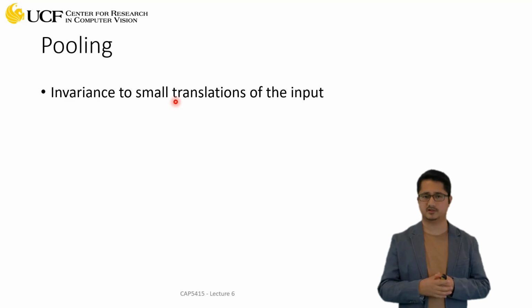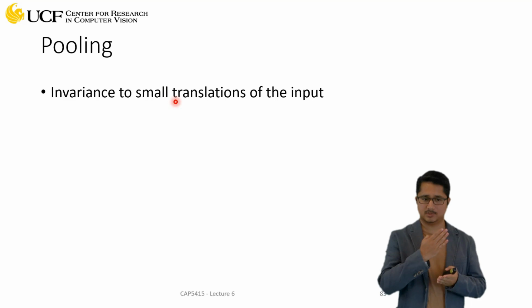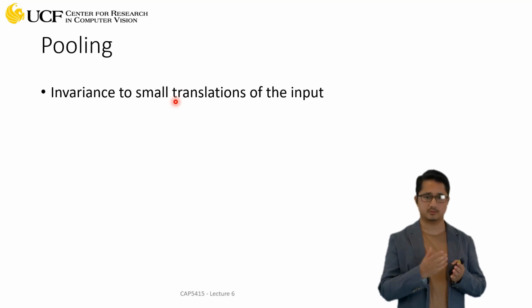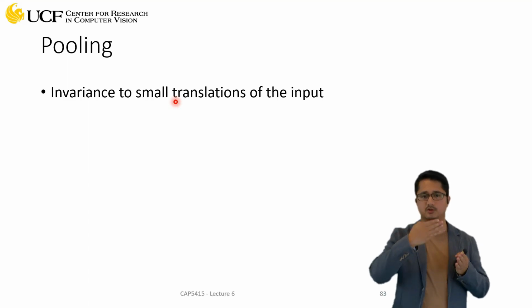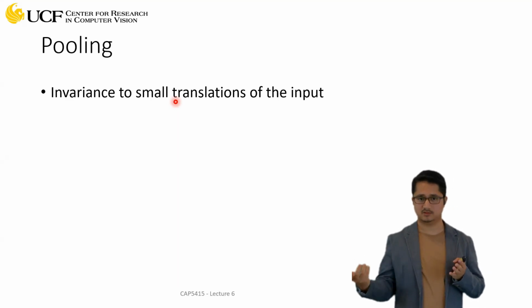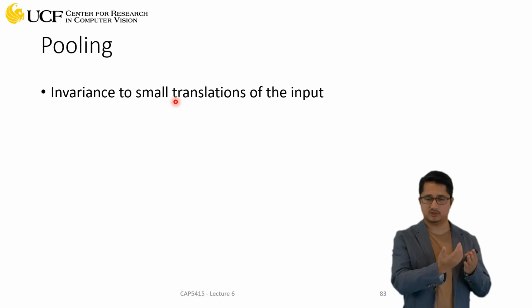And this is very interesting because, let's say you have your image and there is some object in the image. If there is some translation, like the position where the object lies in that input image changes, that will change the activation values as well, right? Because the position has changed.